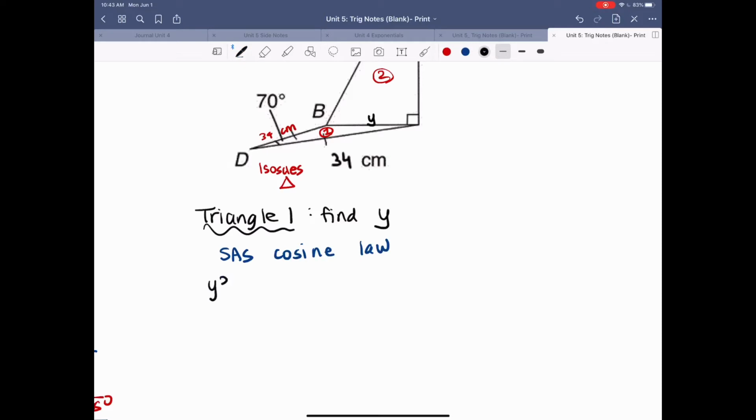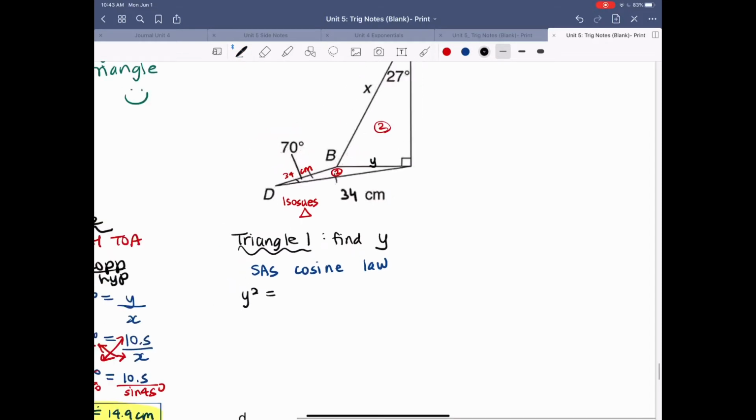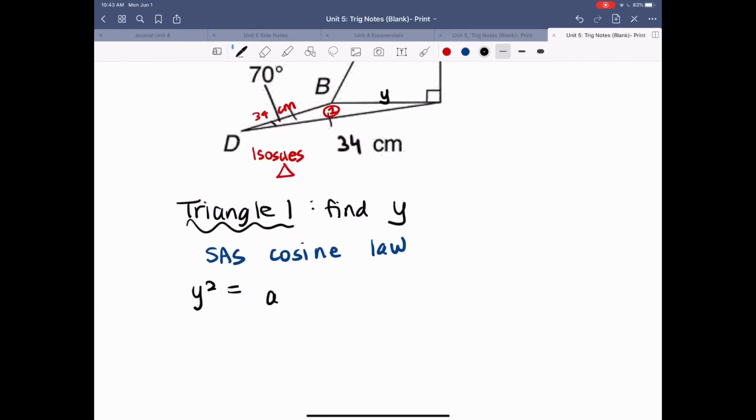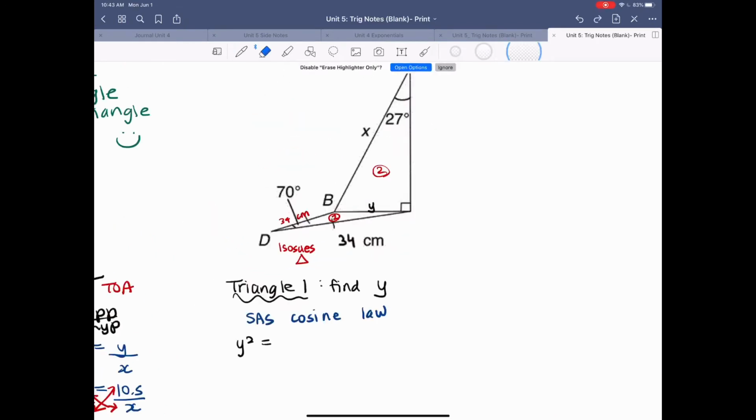So the equation for cosine law is y squared equals, it's basically like the other side. So I'll just say, wait a minute, I'm just going to change this around to meet everything.